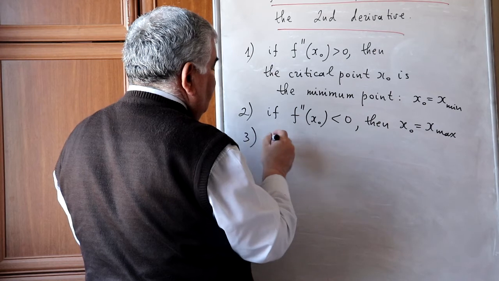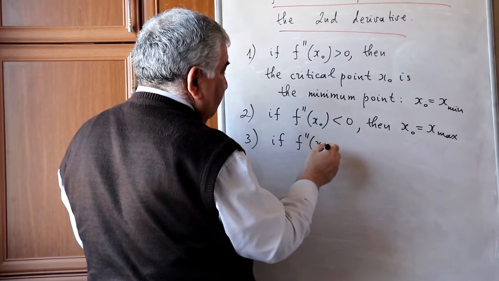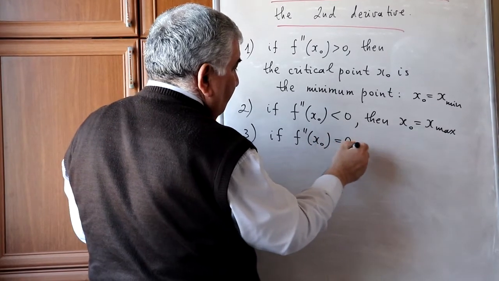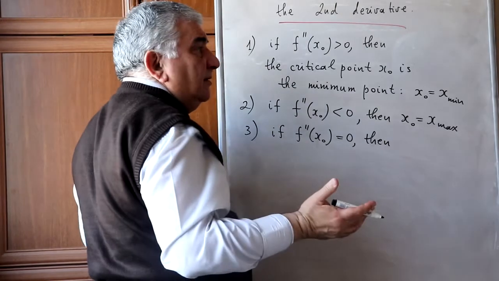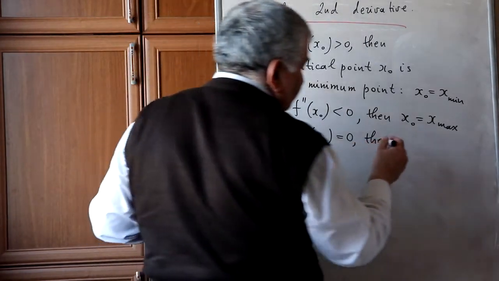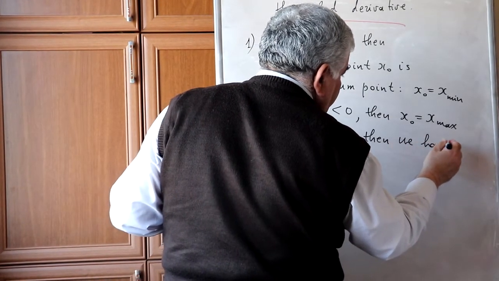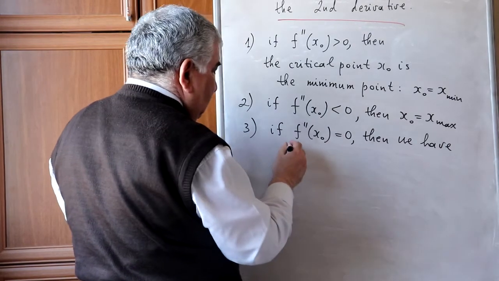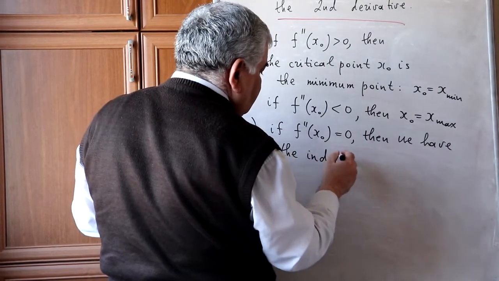And finally, if f double prime at x sub 0 is equal to 0, then we have the indeterminate form, the indeterminate case.